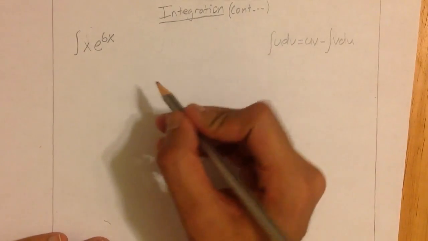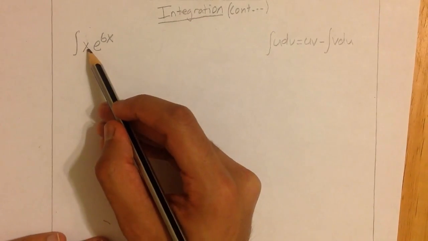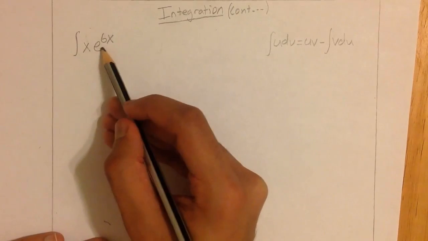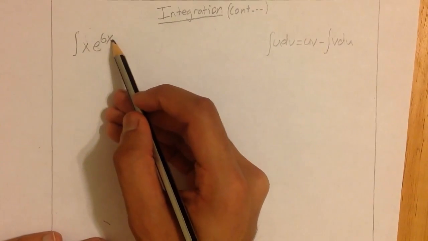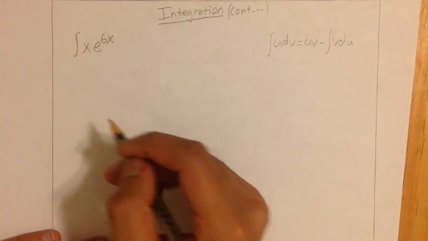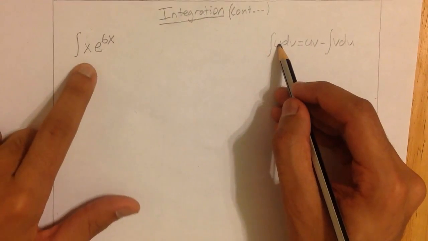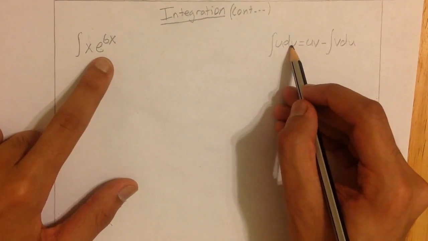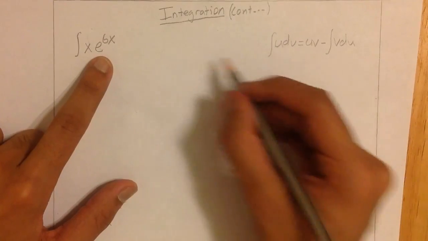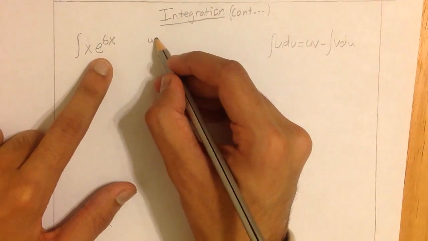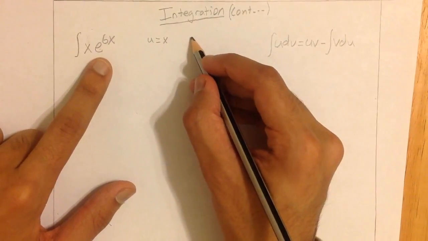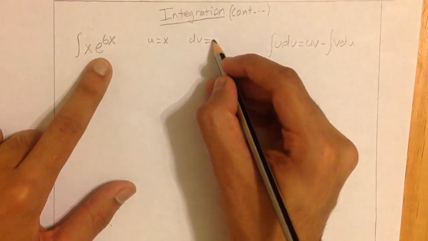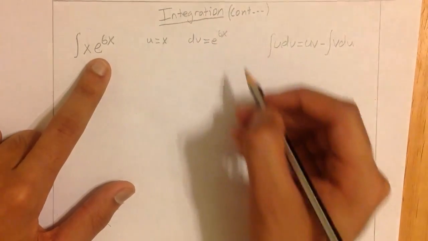So first thing to do is split this up into two parts. One part will be x and the other will be e to the 6x. So we'll call u the x and we'll call dv e to the 6x. So u equals x and dv equals e to the 6x.